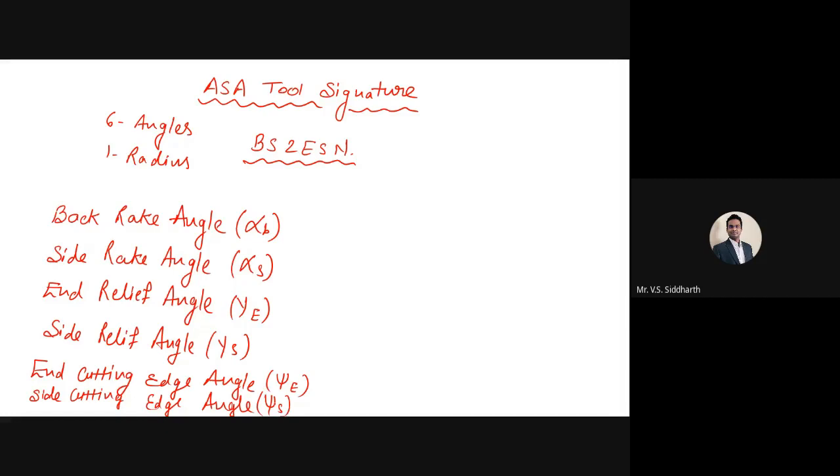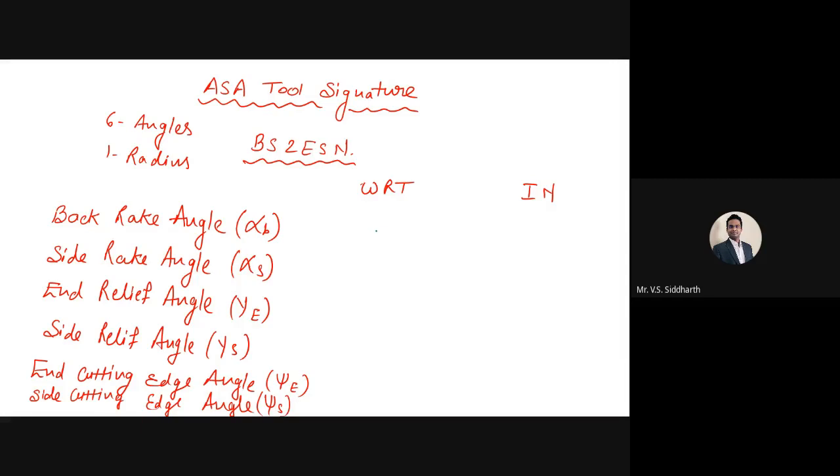I have also told you that we can easily remember with respect to which plane and in which plane we are measuring these angles. Can anyone tell me what that is? One line you have to remember, and you can easily find all the planes.